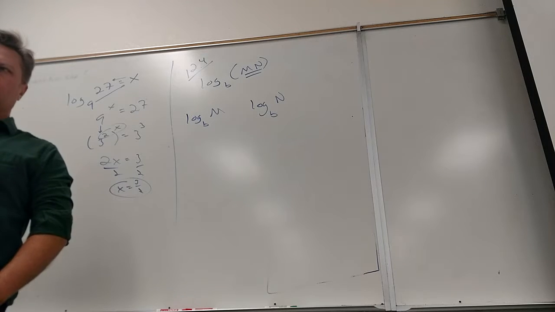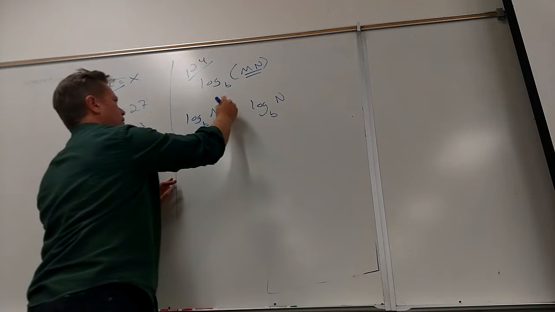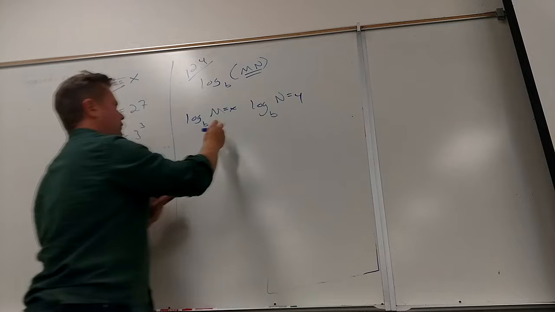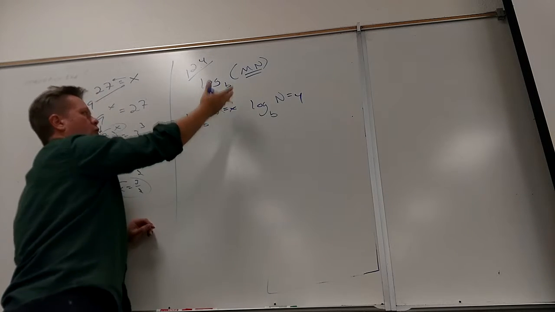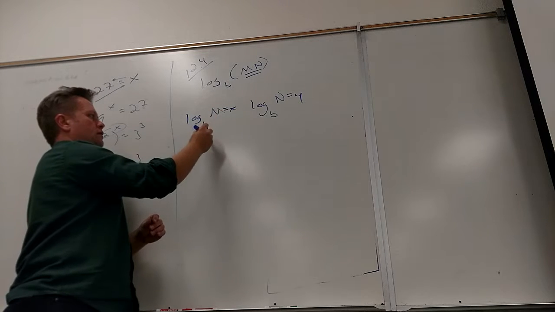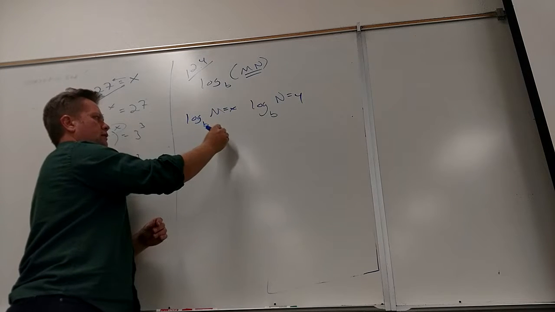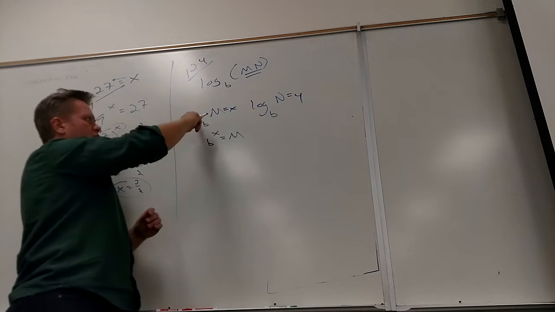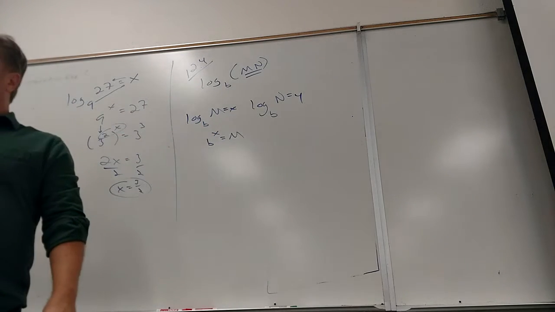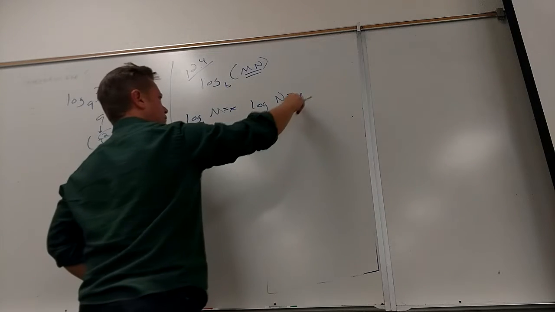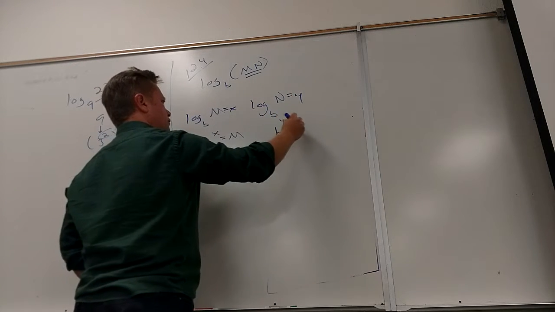You guys with me? So if I say this is x and I say this is y, how can I rewrite these? Because I don't know what it is, right? So let me just call this one x. Log base b of m equals x, so b to the x equals m. It's either fully log form or it's fully exponential form. And then this guy, b to the y equals n.